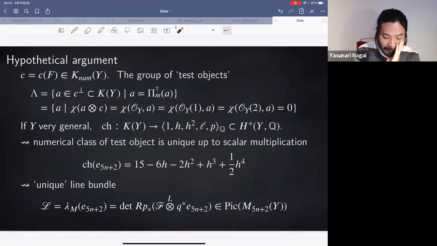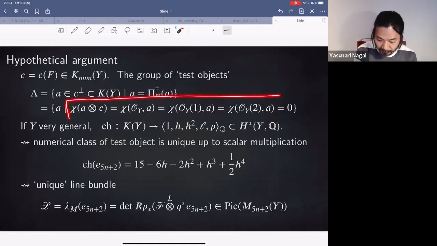Okay, so then we consider the situation that the cubic fourfold is very general. Then it contains no special surface, so the algebraic cycles are just generated by the ample class over rational numbers. So the image of the Chern class map is inside this five-dimensional rational vector space. But here we have these linear conditions.